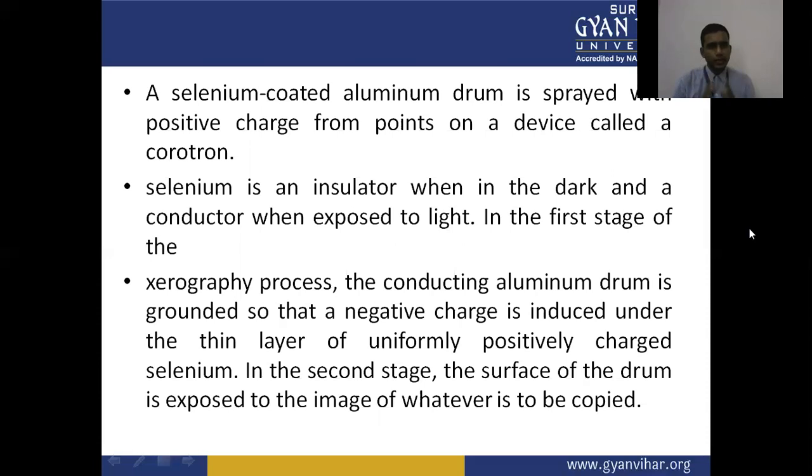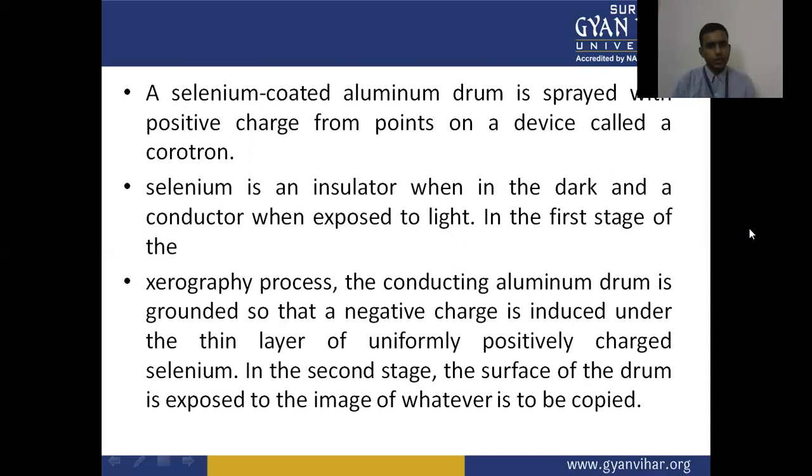A selenium coated aluminum drum is sprayed with positive charge from points on a device called the corotron. Selenium is an insulator when in the dark and a conductor when exposed to light.